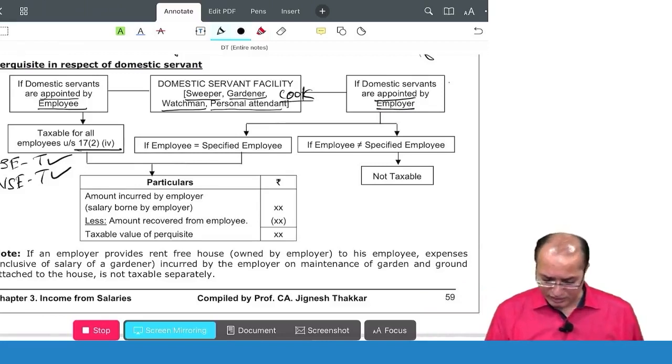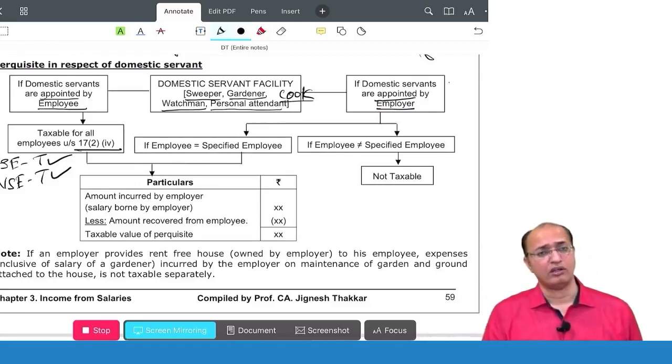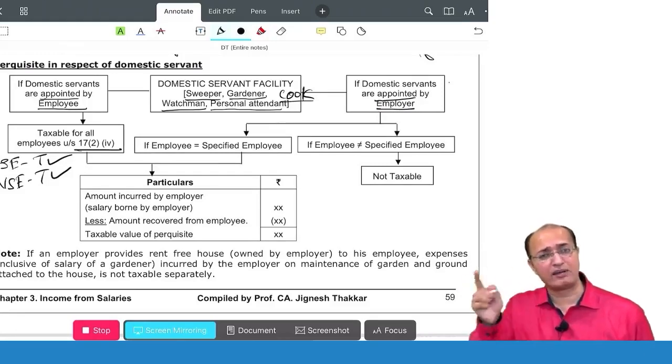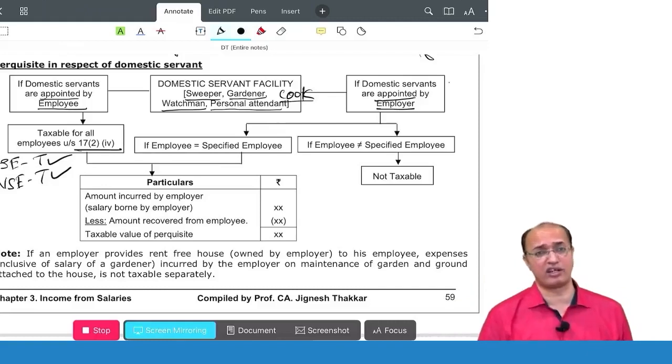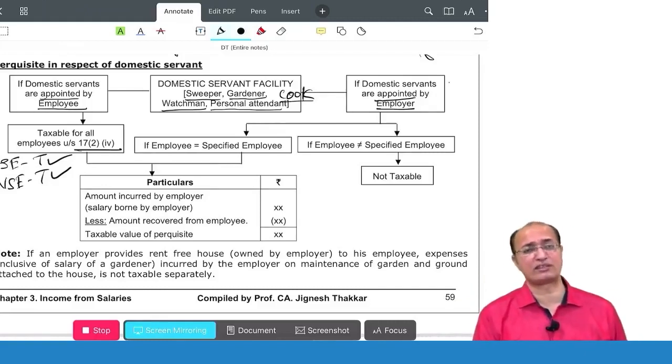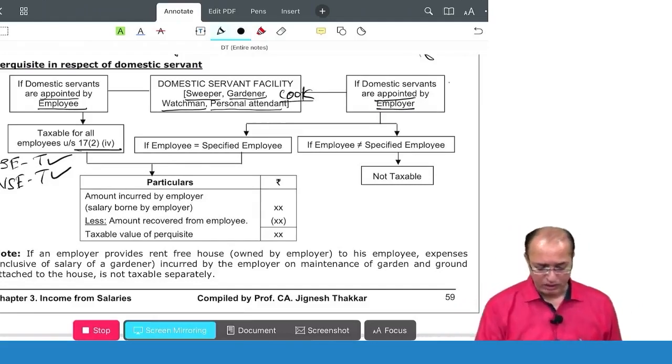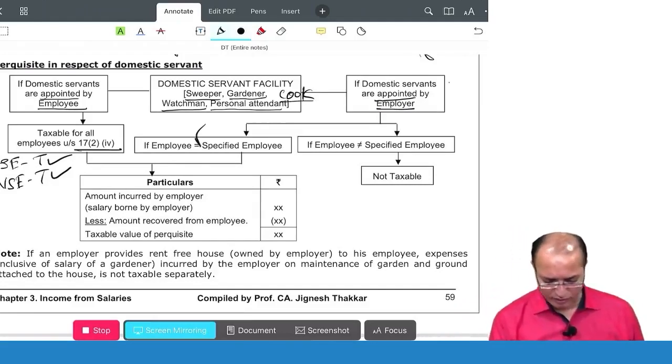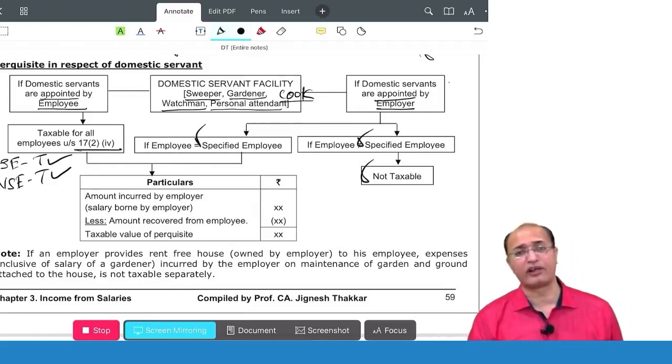In that case, we say that the domestic servant is appointed by the employer. The employer will pay remuneration to that domestic servant and you are just enjoying the facility. In that case, the situation is covered by 17(2) clause 3. If you are a specified employee, yes, it is taxable. If you are a non-specified employee, it is not taxable.